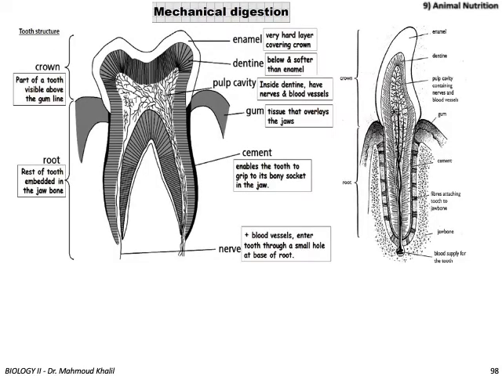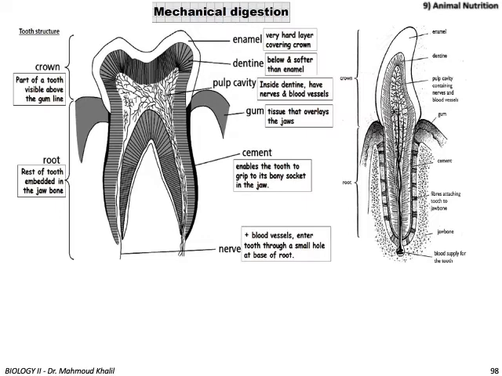If we look closely into the structure of the tooth, you can see that generally it consists of an upper part called the crown, the part which is visible above the gum line, while the lower part is the root, which is embedded in the jaw bone. In the upper part, the tooth is divided into enamel, a very hard layer covering the crown, and underneath the enamel there is the dentine, which is softer. These 2 layers enclose a cavity called the pulp cavity, which is inside the dentine and has nerves and blood vessels.